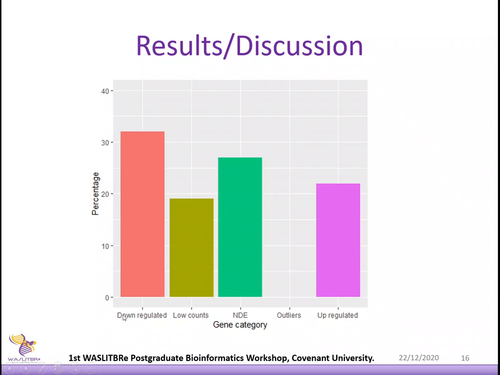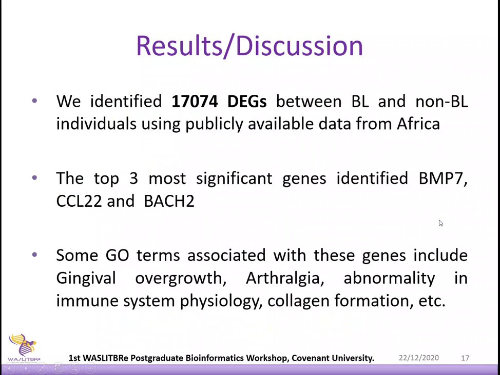And we found that those that were down regulated constituted the maximum number, about 32%, and those that were upregulated were around 22% of all. Okay, so we were able to find 7,074 differentially expressed genes between the normal samples and the disease samples.